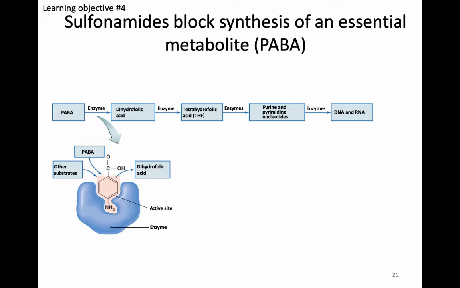That enzyme is shown in the lower left of this slide, with PABA bound in the active site. When PABA binds in the active site of this enzyme, the enzyme catalyzes its conversion to dihydrofolic acid, which will then leave the active site so another PABA molecule can come in.